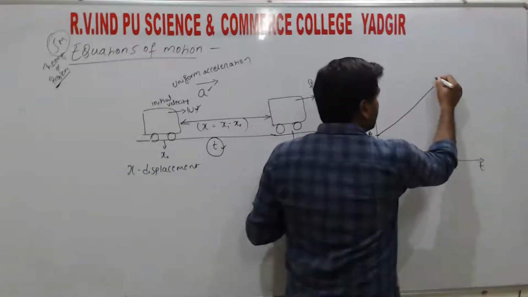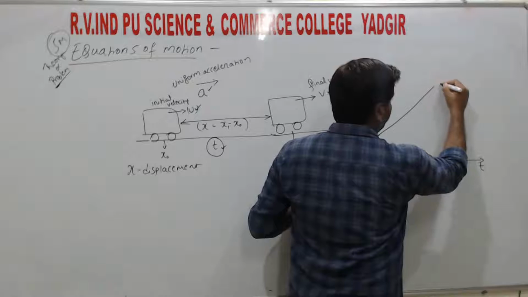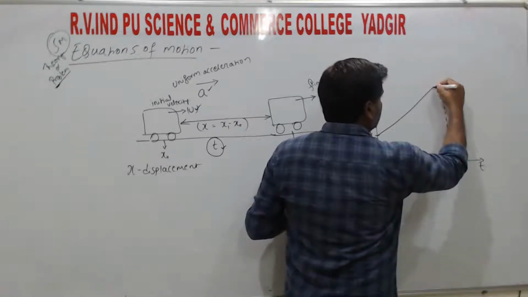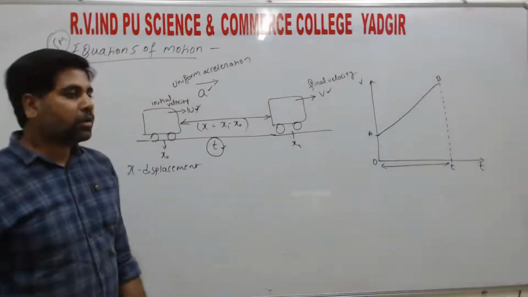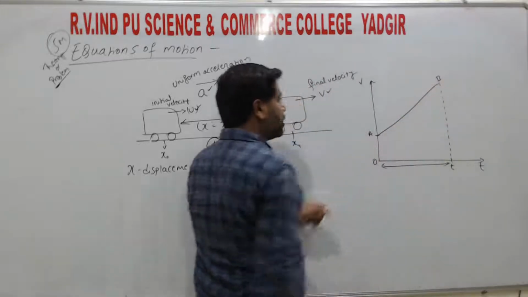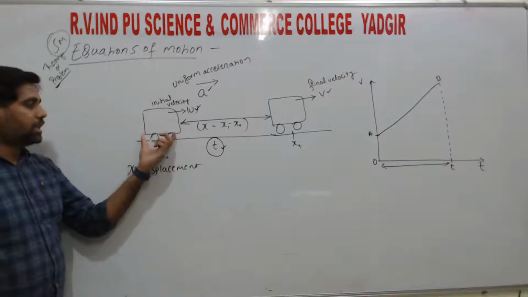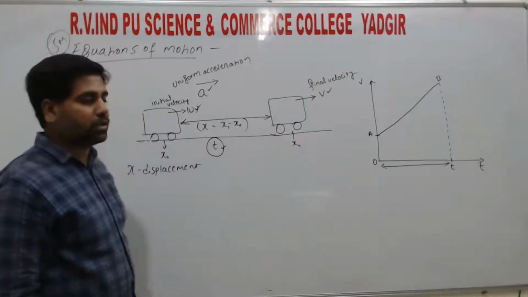At the point B is the final velocity. So here we get the straight line, and the line AB gives the displacement of the object traveling from the initial position to the final position, right?